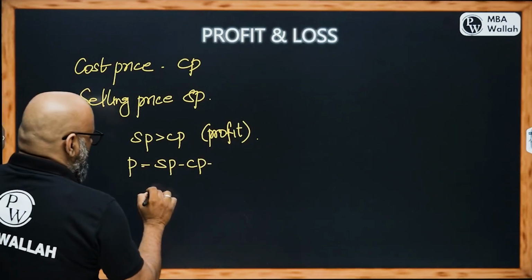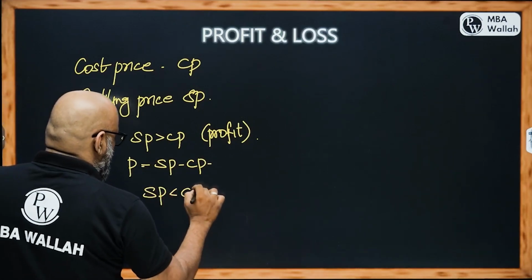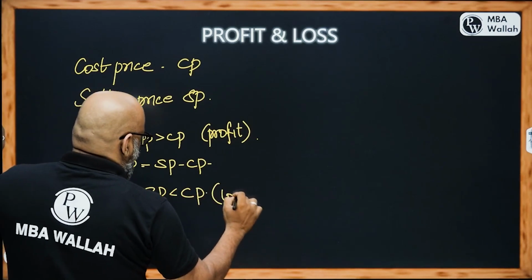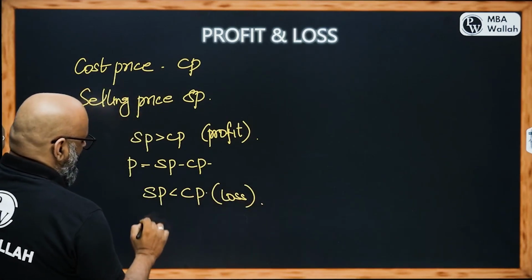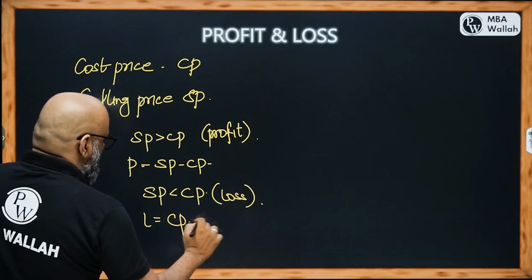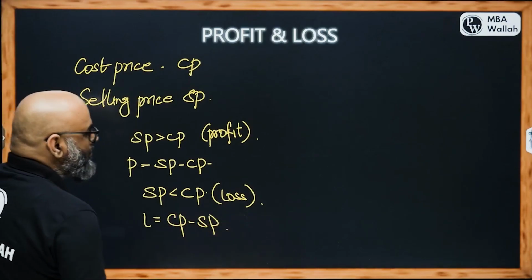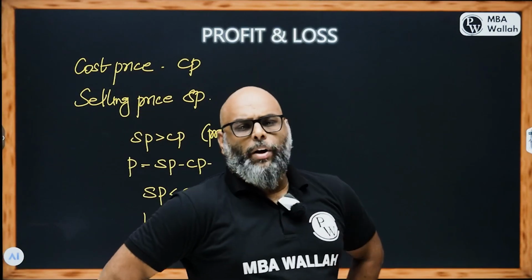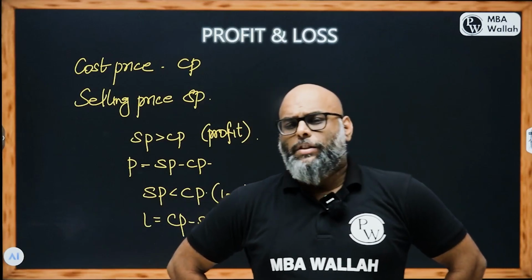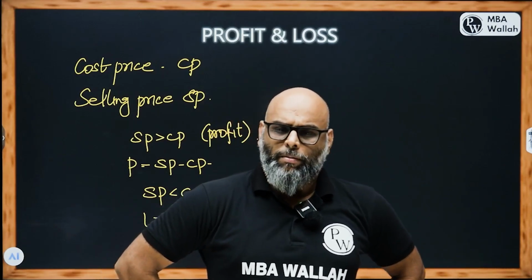Whereas if your SP is less than CP, that's called loss, or loss is equal to CP minus SP. So if your cost price is more, it is a loss. If your selling price is more, that's a profit.